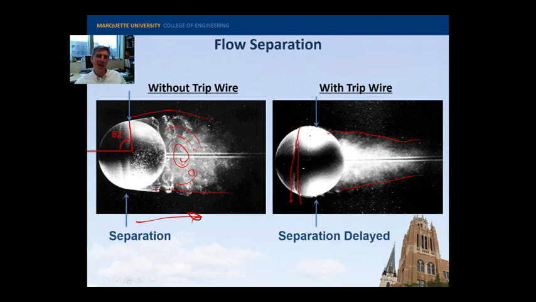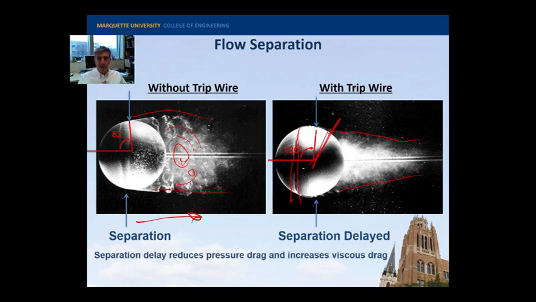If I measure that angle, that's about 120 degrees. If you look at the previous plot, according to the data, it was more like 130 degrees. So it could be a little bit further back. But the bottom line is that delaying the separation closes the wake, allows the pressure to recover, and reduces the pressure drag.